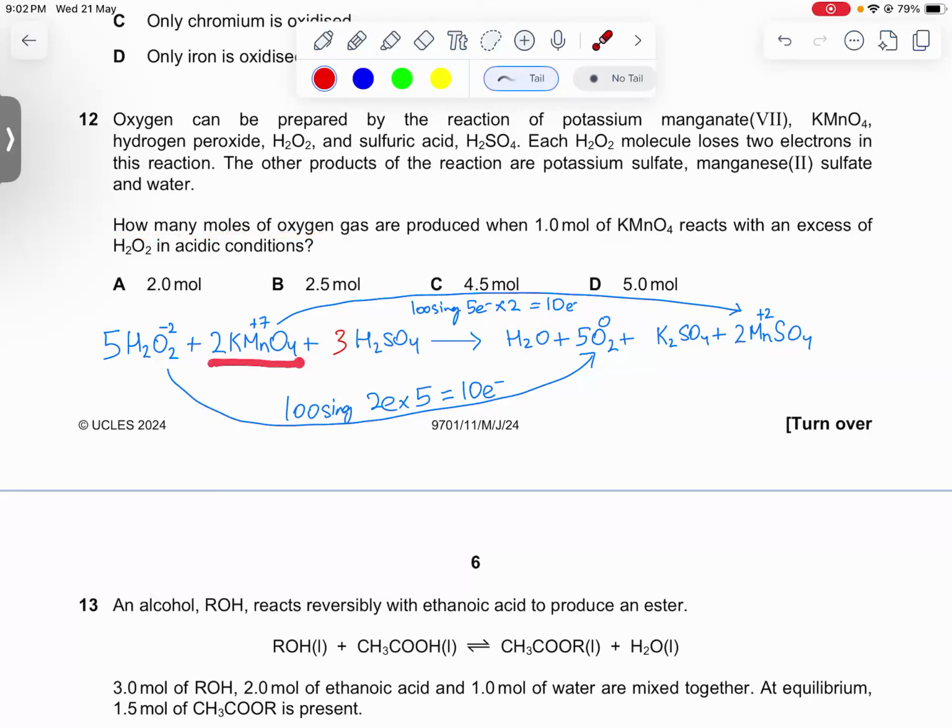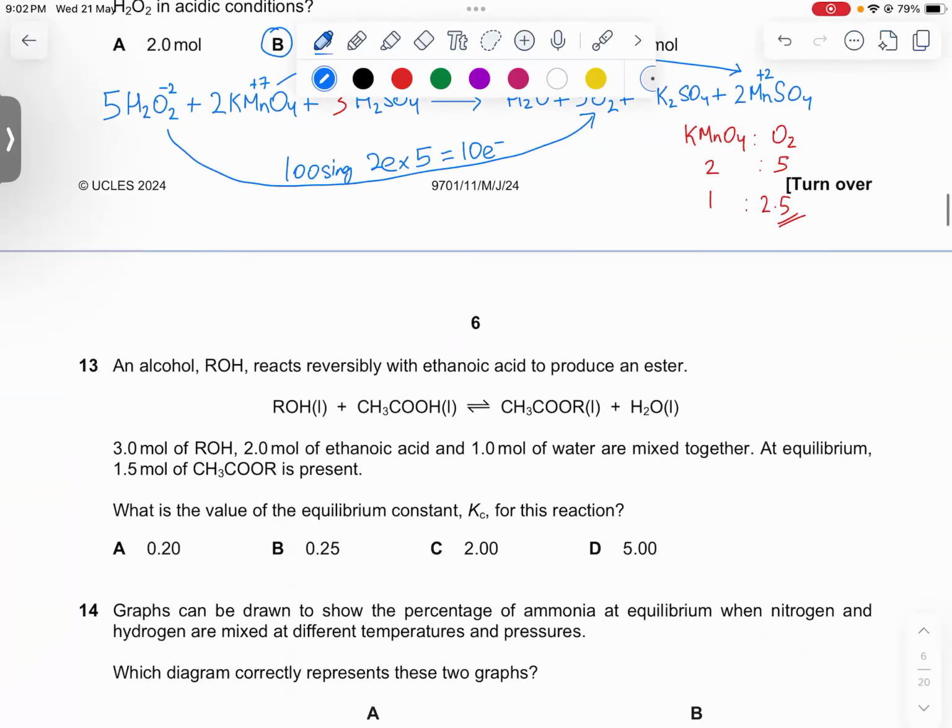Over here, when 2 mole of KMnO4 reacted, it produced 5 mole of oxygen. So the ratio of KMnO4 to O2 is 2 to 5. So what would be 1? 1 is to 2.5. So if we use 1 mole of KMnO4, 2.5 mole of oxygen should be produced. I hope that makes sense.